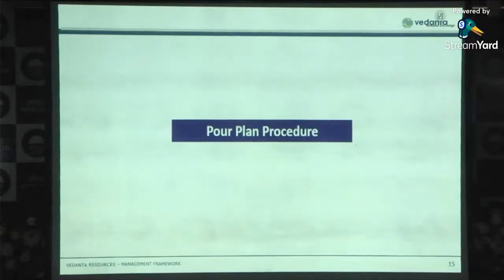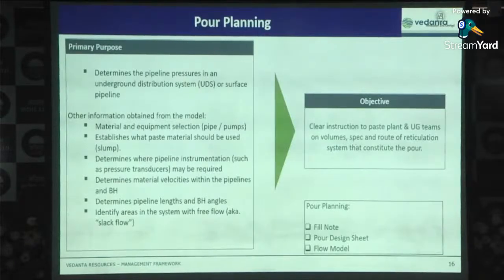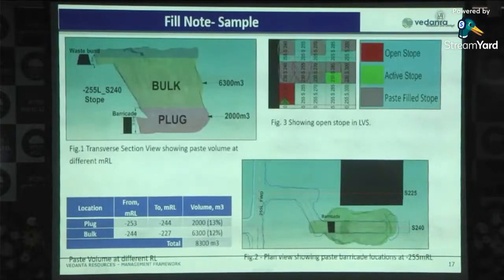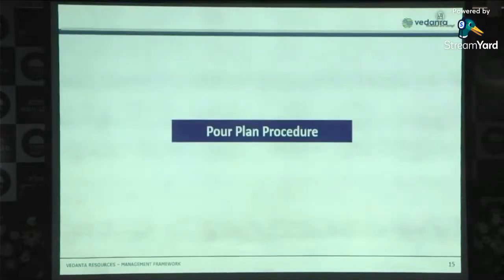It requires a very disciplined manner to fill the void. For that we are using CMS. Before planning anything, we have to make a pour plan. The pour plan is a plan where we determine how many cubic meters of volume we are going to put, and what will be our process flow diagram, because it requires huge cost to lay the paste fill line.